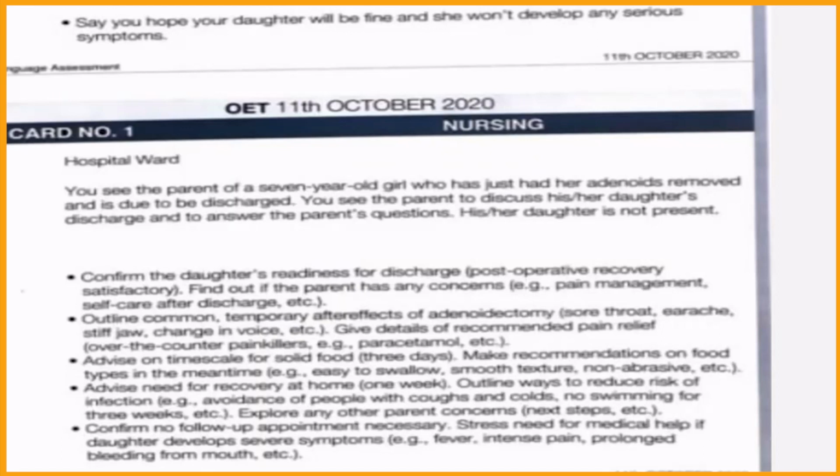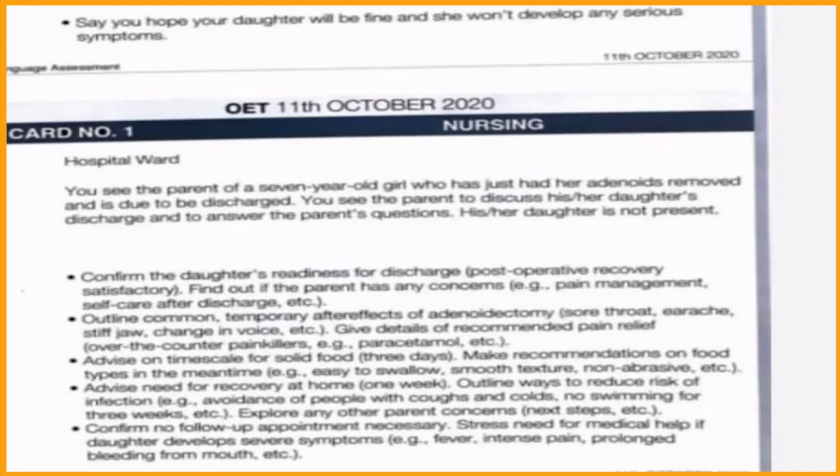Thank you. So I'll ask, okay, when should I get my daughter again back to the hospital for a checkup? Then what is your answer? Confirm, meaning give assurance. Make it clear that no follow-up appointment is necessary. Why? Please use the explanation that is above in the first task, because her post-operative recovery is quite satisfactory, isn't it? Please use an explanation from the background or from the task whenever necessary to make it very clear.